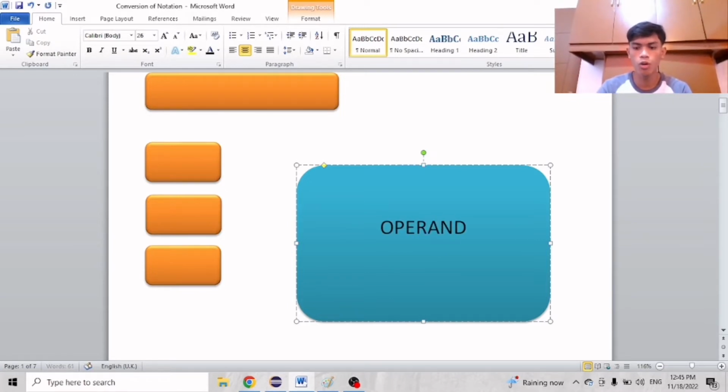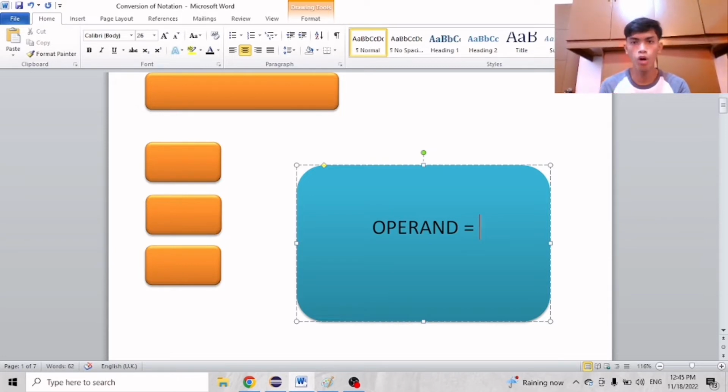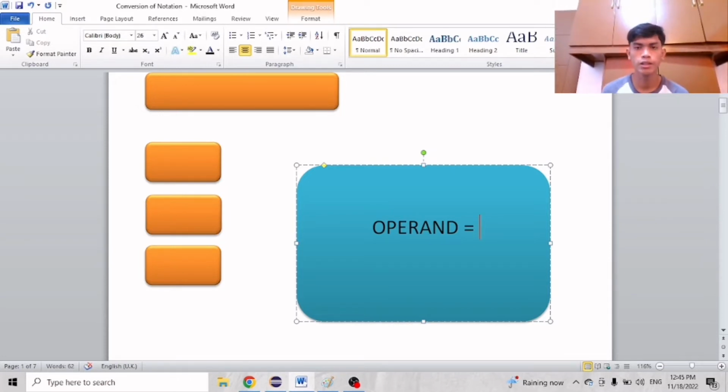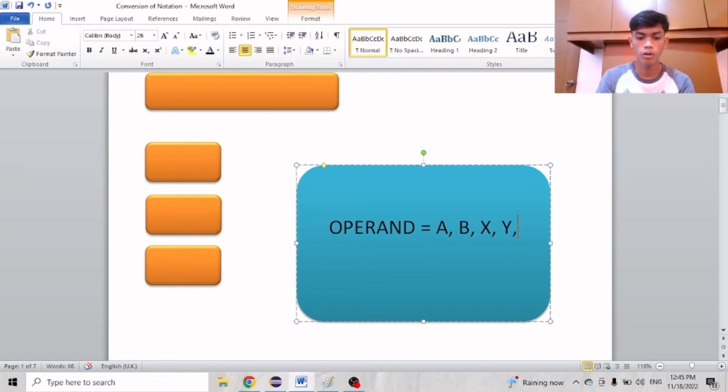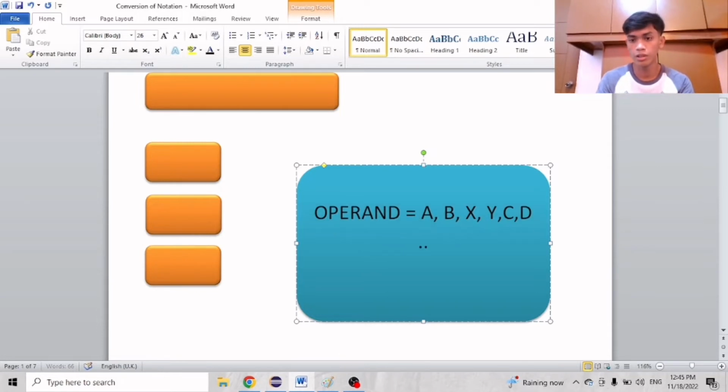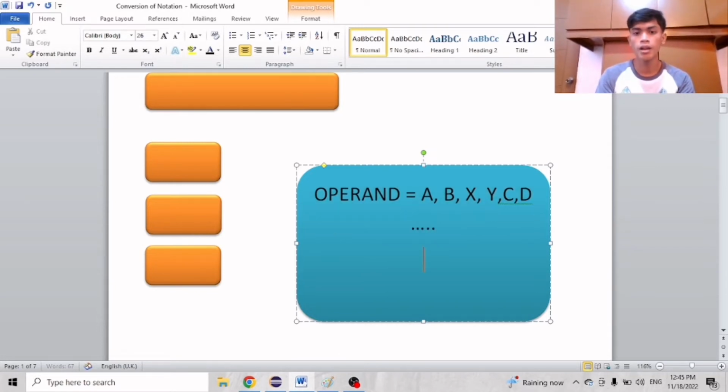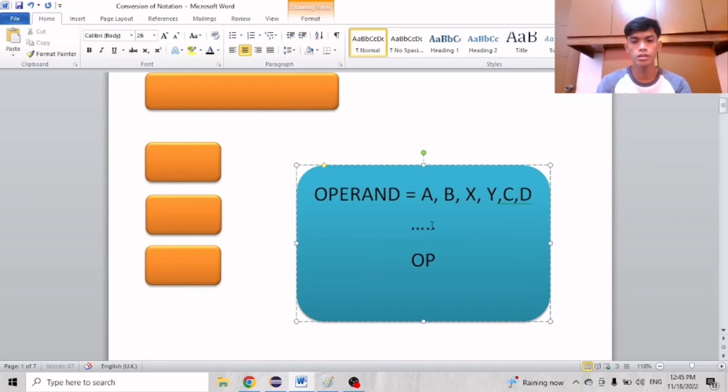What is an operand? An operand is a basic thing, a variable, like the letters in an expression. For example, E, B, or X, or Y, or C, or D, etc. And another thing is the operator.